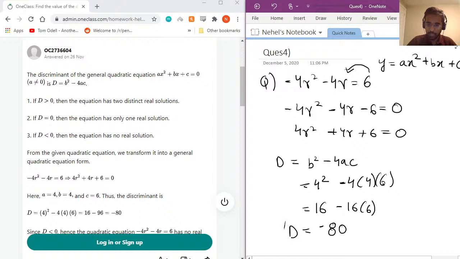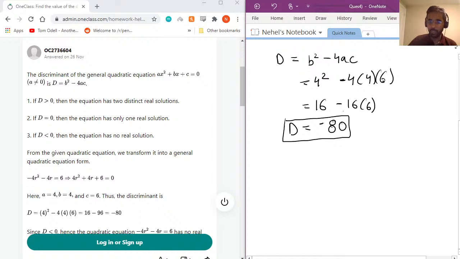So our discriminant is actually negative. Now, in order to identify the nature of the roots, we need to know 3 properties of the discriminant. First, if the discriminant is greater than 0, the quadratic equation has 2 distinct real roots.